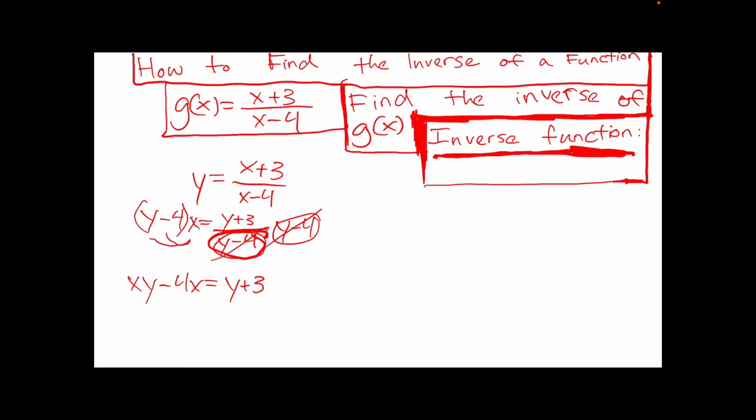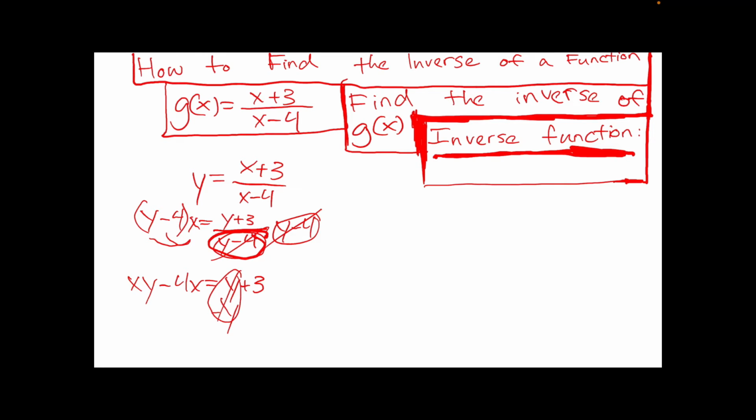Alright, now what's next? Well, we have to get all the y's on one side and all the x's on the other side. So I'll start by subtracting y on both sides.